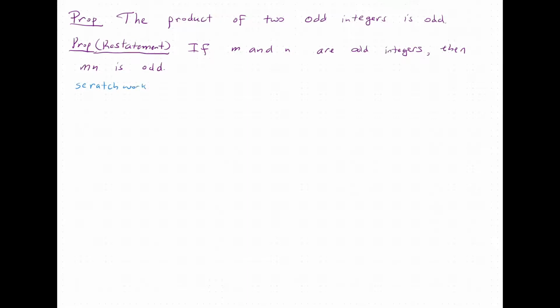And so here we know that by definition, because m is odd, we're going to have that m will be 2k plus 1 for some k in Z. We also have that n is equal to 2 times l plus 1 for some l.